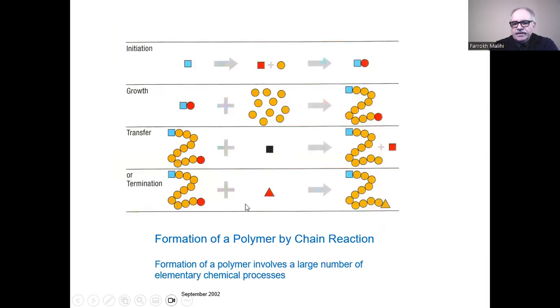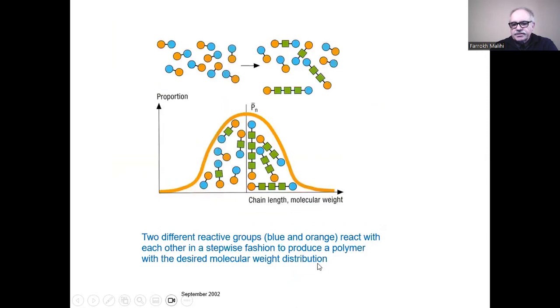This is a schematic about the synthesis of the polymers, formation of a polymer chain by reaction. The steps include initiation, growth, chain growth, transfer, or termination. Formation of a polymer involves a large number of elementary chemical processes.